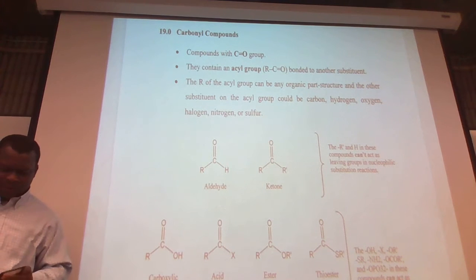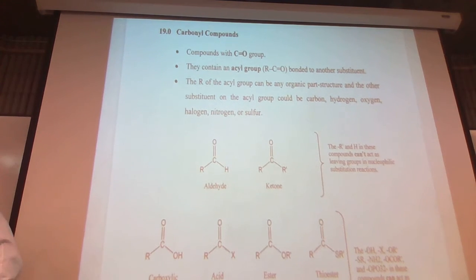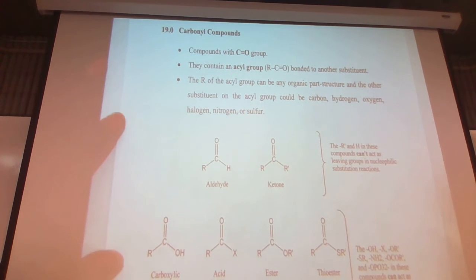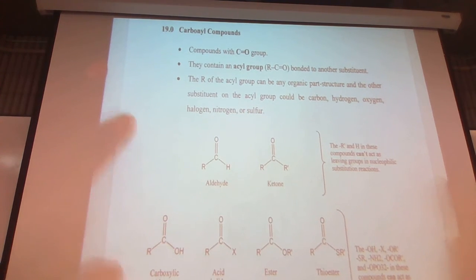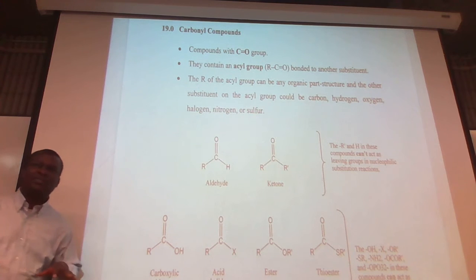So now we're on chapter 19. We should be dealing with aldehydes and ketones. The next couple of chapters that we'll be talking about, we'll be dealing mainly with carbonyl compounds.